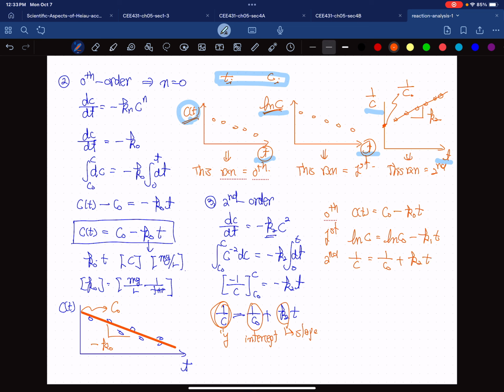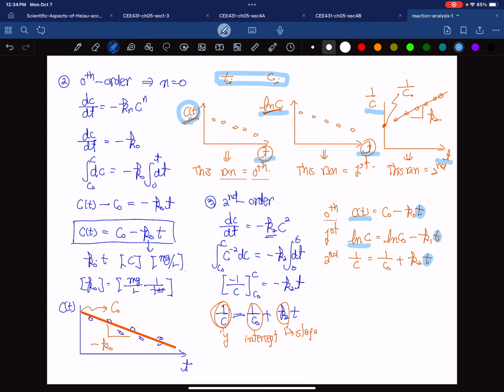So again, the key point here is that on your right hand side, t is linear, t to the power of 1, and you change your y-axis to get a linear t on your right hand side. So zeroth order, it is concentration itself. First order, it is log of concentration.